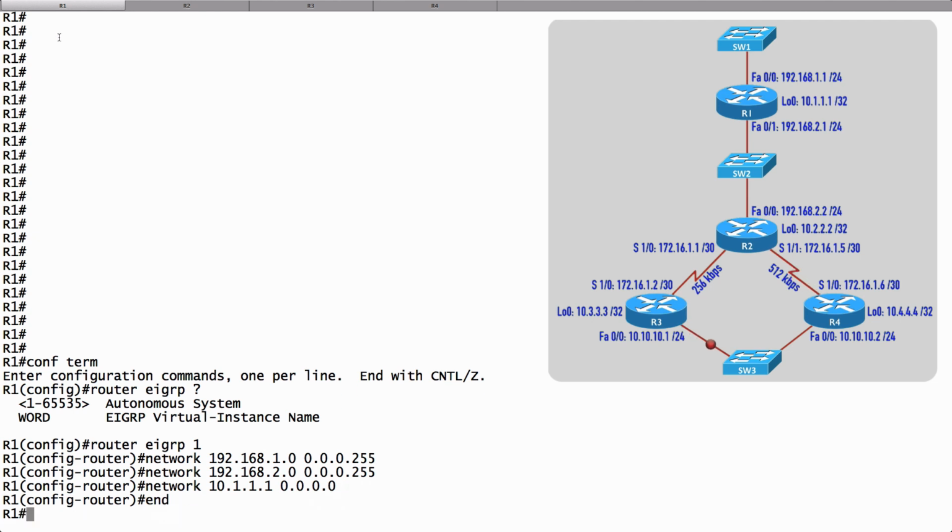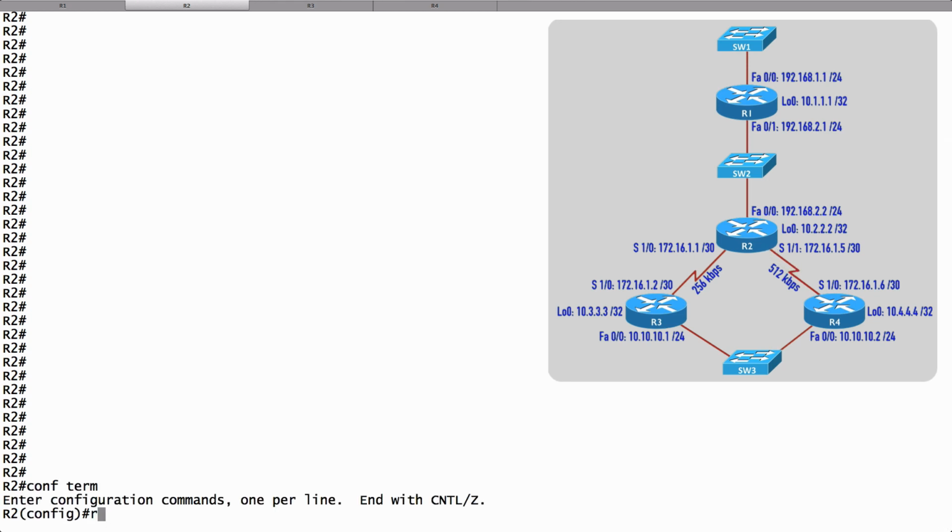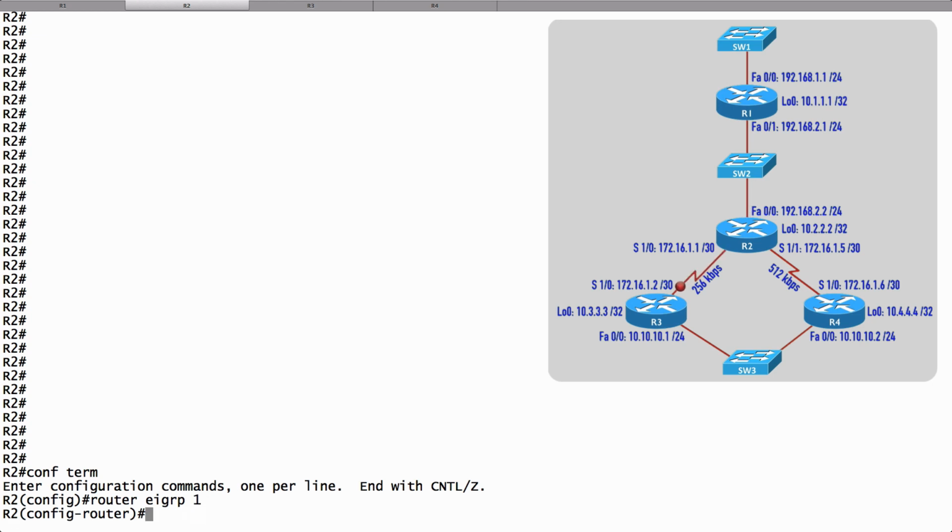Let's go over now to router R2 and do something similar. On router R2, let's go into global configuration mode. We'll go into router configuration mode for EIGRP Autonomous System 1. And let's say network 192.168.2.0, just like we did on R1, except this time, let's not give a mask.